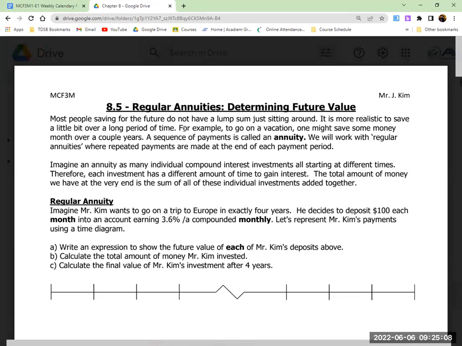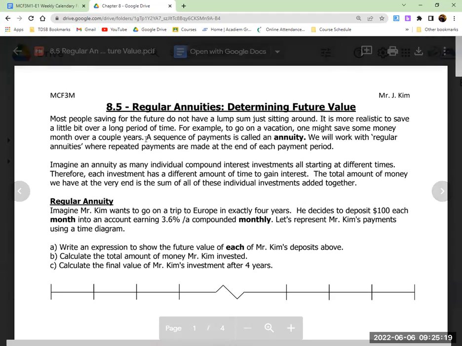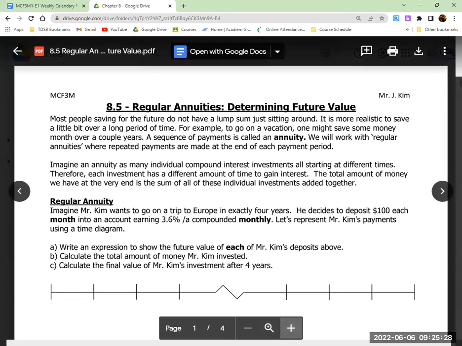For example, if you want to go on vacation, you might save some money every month over a couple of years, and then see how that grows, right? That idea is called an annuity. You're constantly putting money in. And here is the analogy. The analogy is this. Let's pretend you have yourself tiny snowballs.